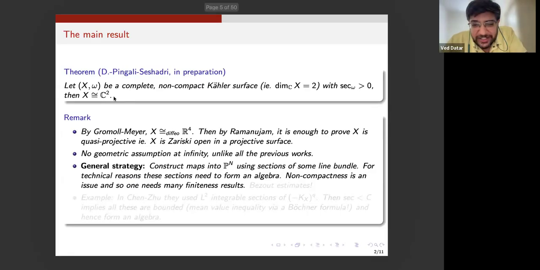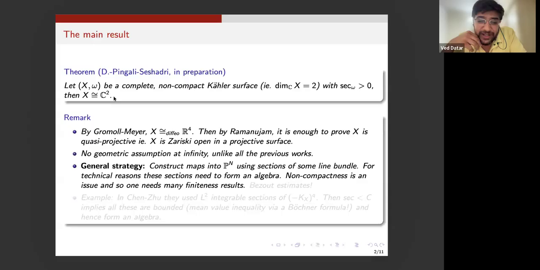So the general strategy is usually to construct maps into projective space using sections of some line bundle or holomorphic functions, but you can just think of holomorphic functions as sections of the trivial line bundle. And for technical reasons, these sections need to form an algebra. And non-compactness is a major issue.